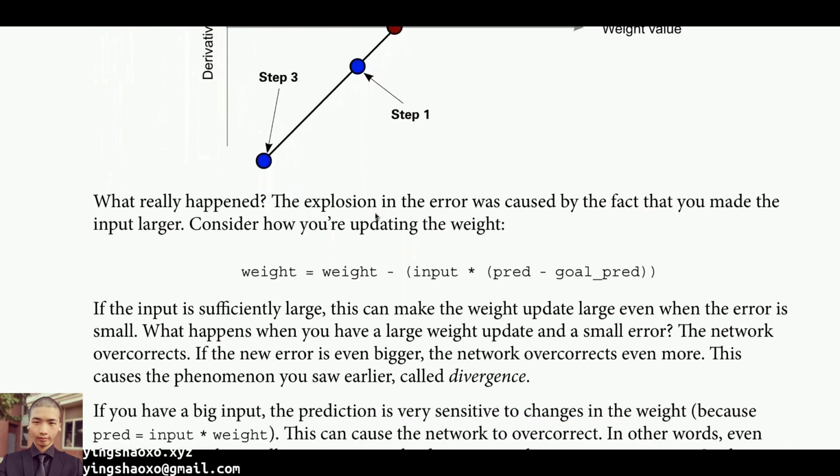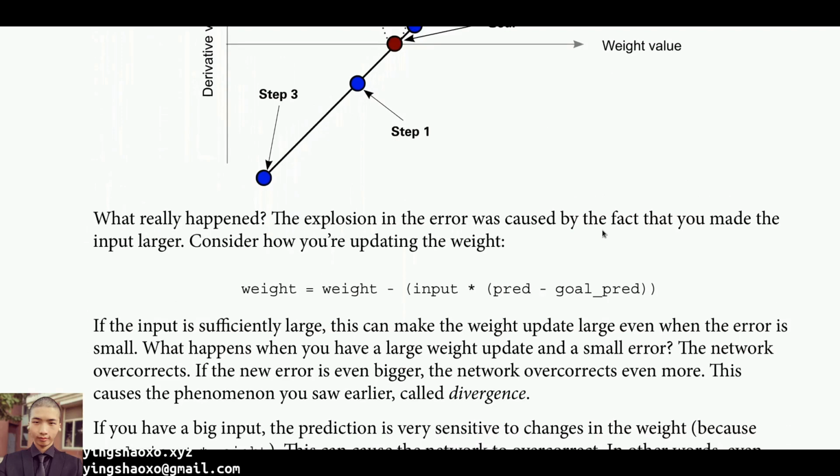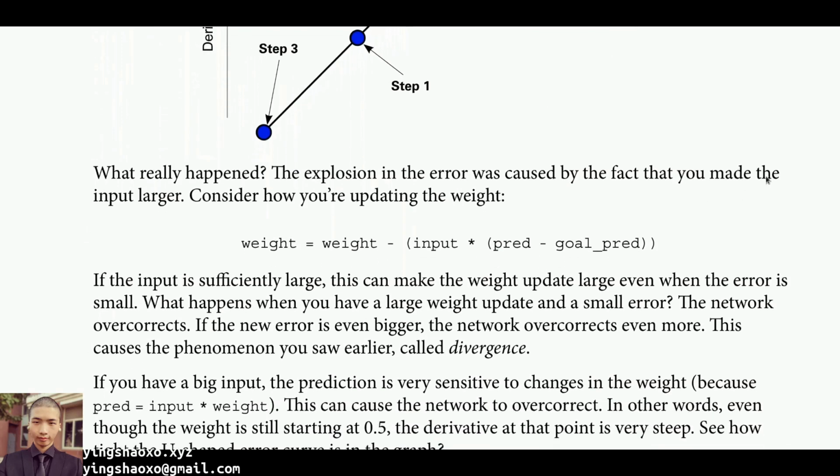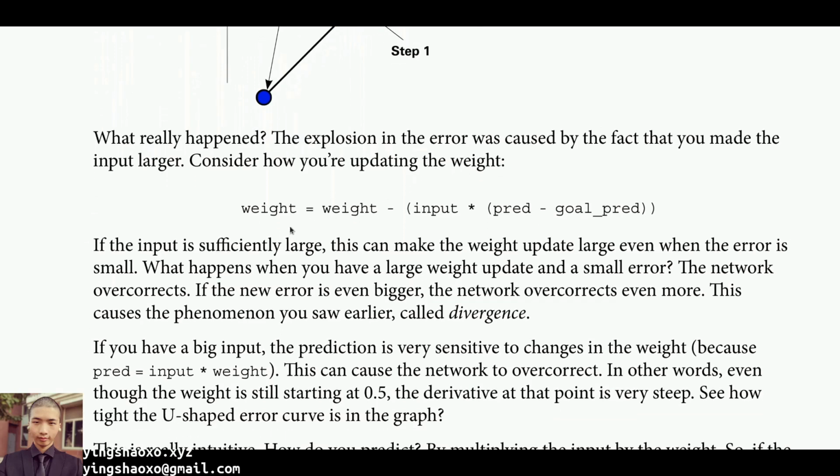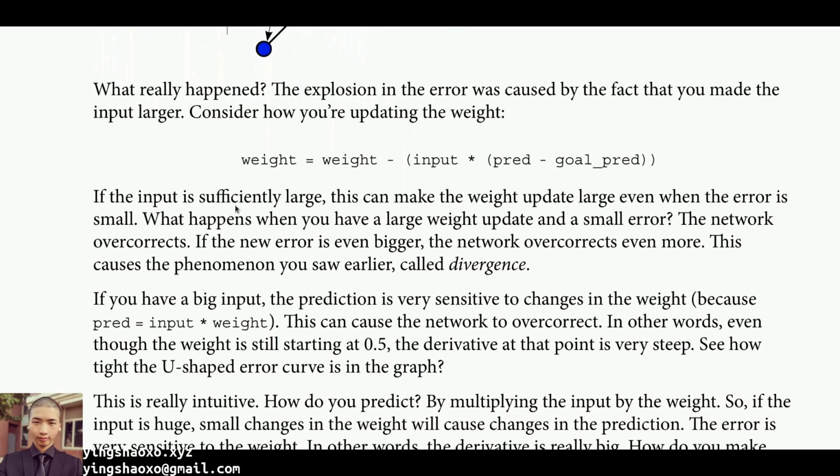What really happened? The explosion in the error was caused by the fact that you made the input larger, and the input is used in how you are updating the weight. If the input is sufficiently large, this can make the weight update large even when the error is small.